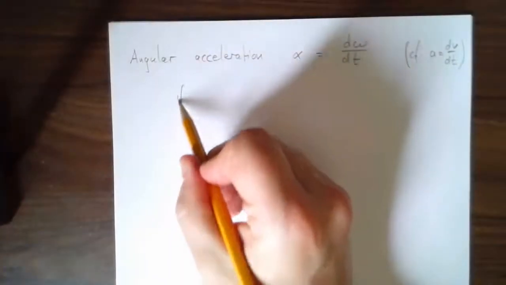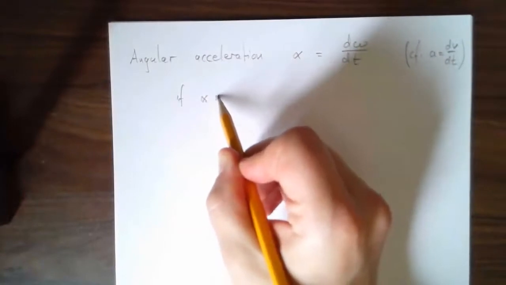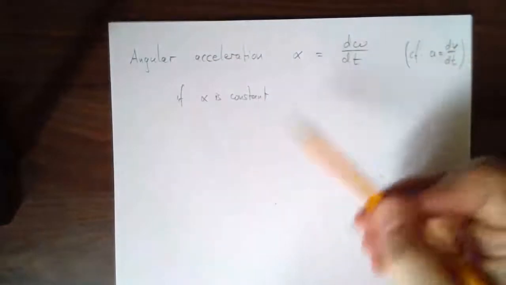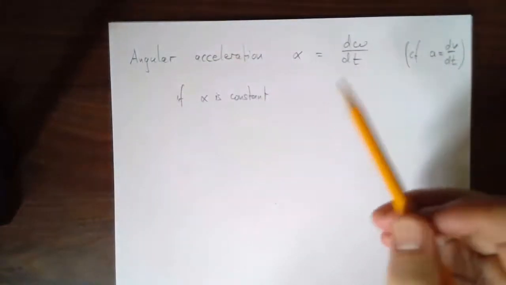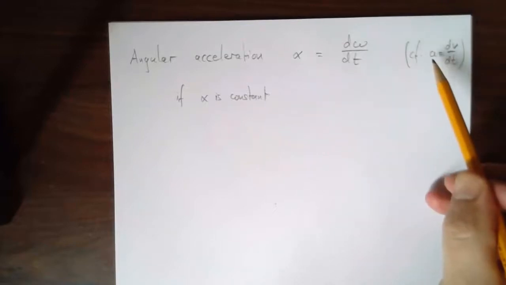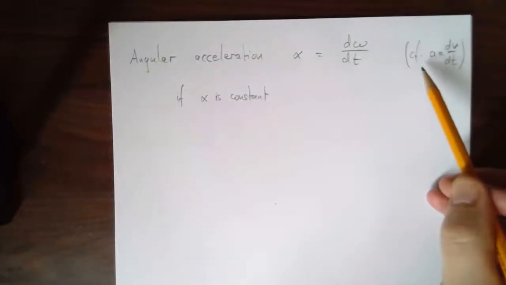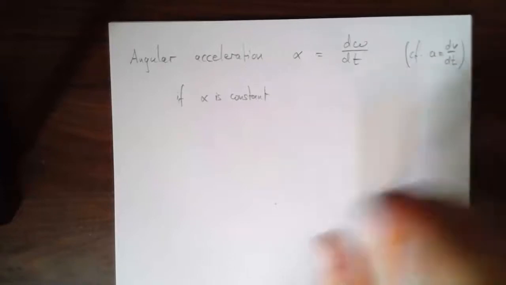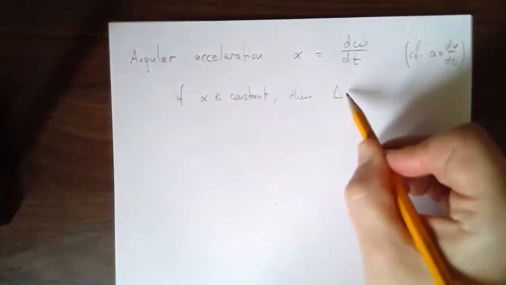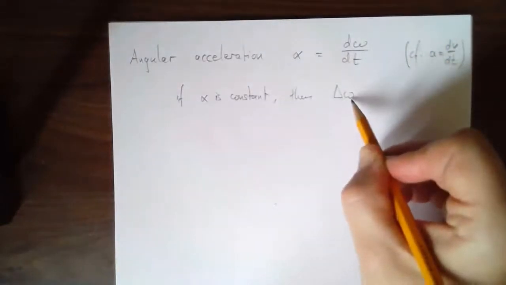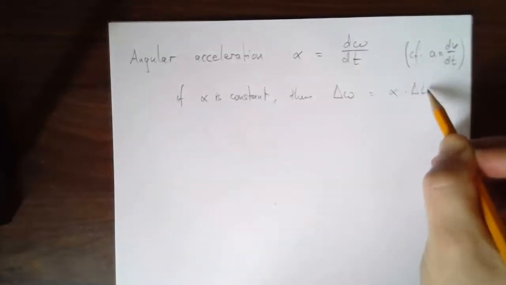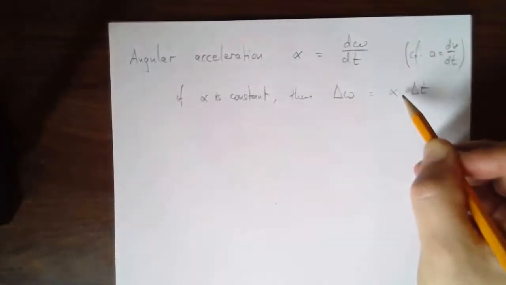So suppose, for example, alpha is constant. That means your rotating object is increasing its rate of rotation at a constant rate, the same way acceleration means increasing or decreasing your velocity at a constant rate. So if alpha is constant, then we could find the change in the angular velocity as alpha times the time taken to make that change.